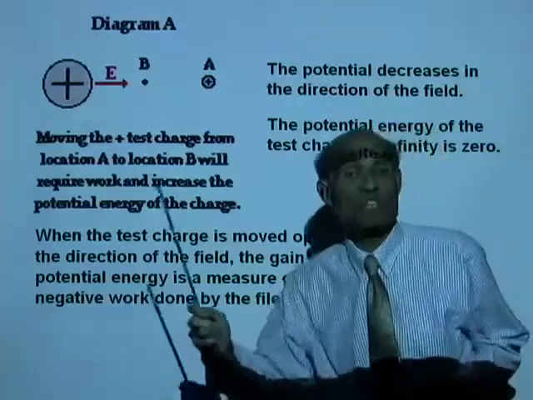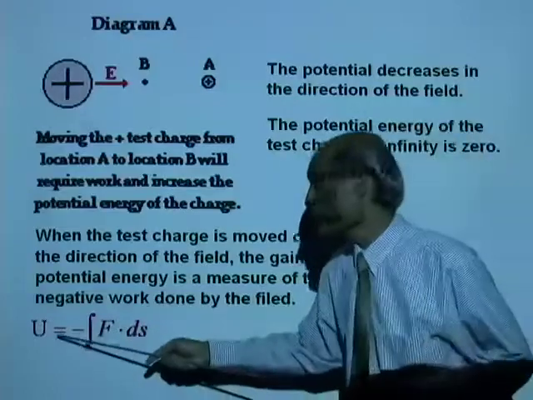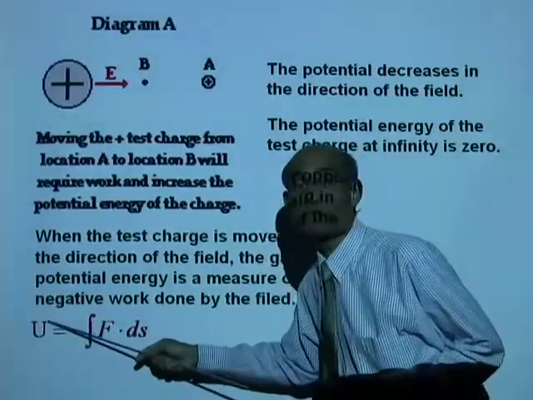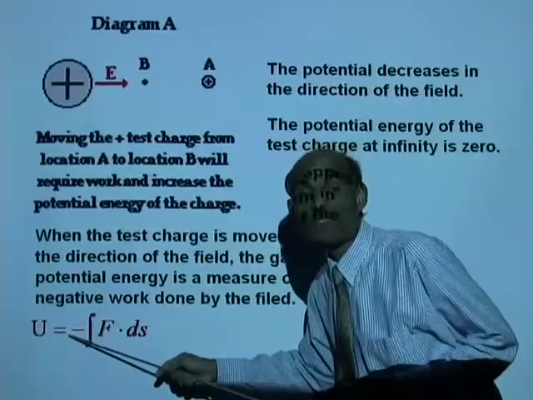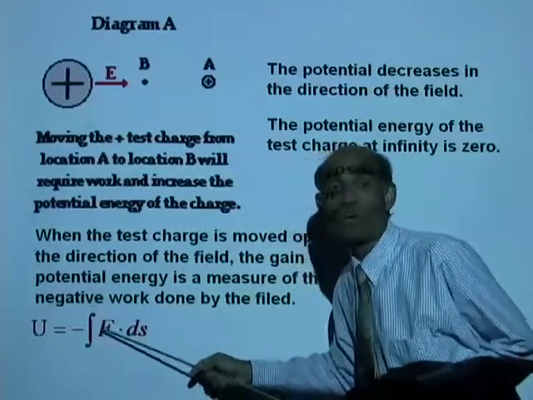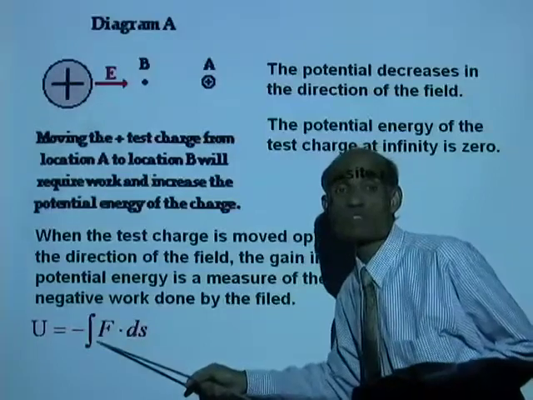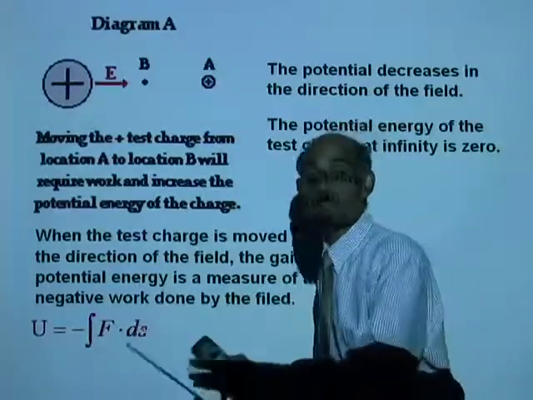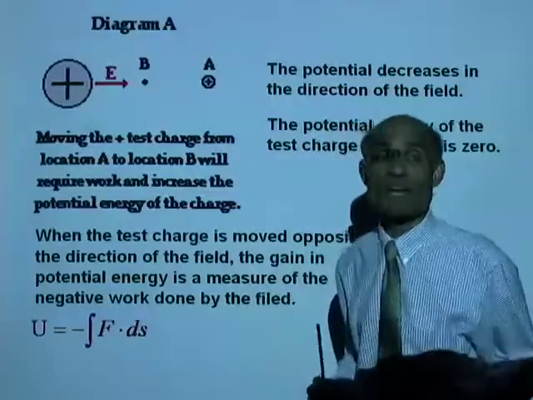The electric field is a conservative force field. And we write it like this one more time. The gain in potential energy U is the negative of the work done by this conservative force field, which is the electric field now. The same statement we made for the gravitational field.